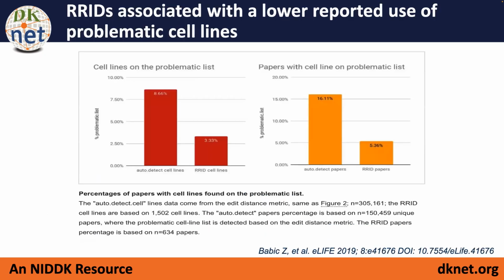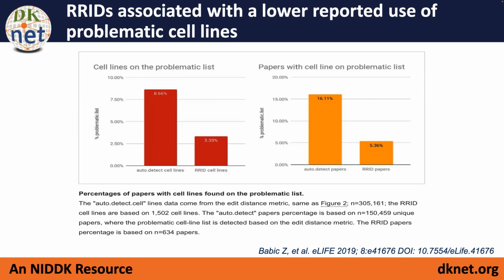Just through having to publish RIDs with your manuscript, you are taken to a site that has information about potential issues with, for example, cell lines. So there was a study done in 2019, where Babak et al. looked at how many papers have cell lines on the problematic list if they did not use RIDs versus those that used RIDs.